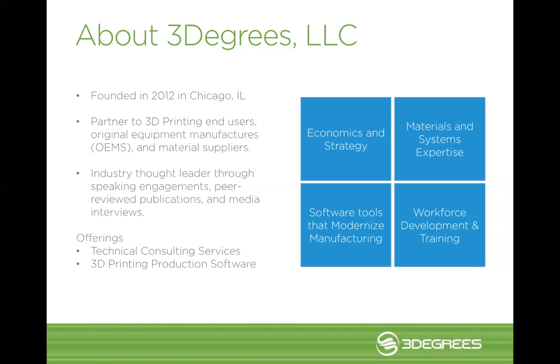So doing things like specifying vendors, identifying material feedstocks, identifying processes and machines, and getting to the place where you can reasonably and quantitatively verify that you can produce parts repeatedly in an engineering robust manner that are also useful from an economics and strategy perspective.